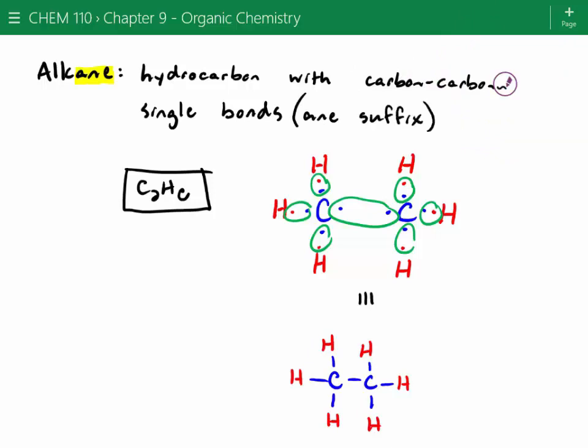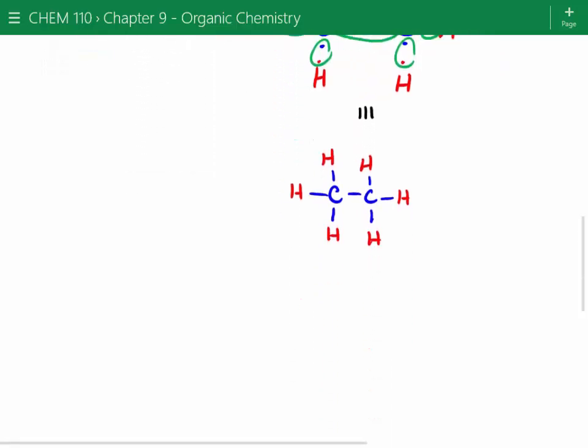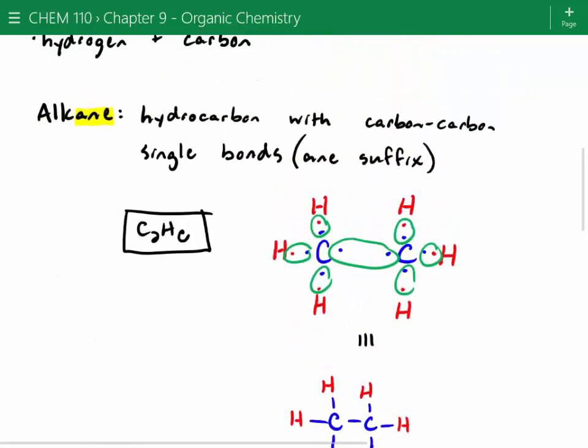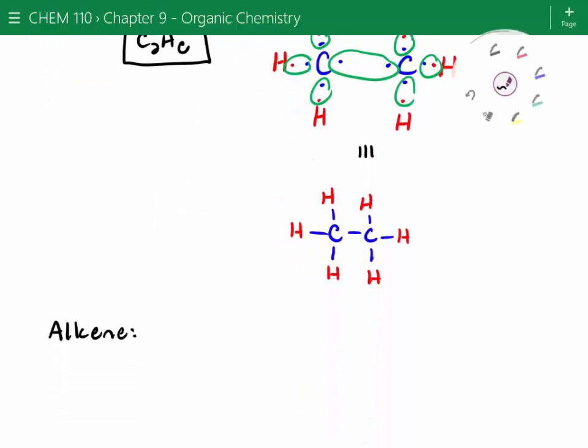All right, now let's go on to the next class of hydrocarbons. And it sounds really similar. An alkene. So if we look up here, it's alkane. This time we've got an ene suffix rather than an ane suffix.